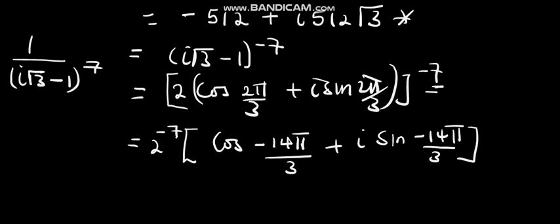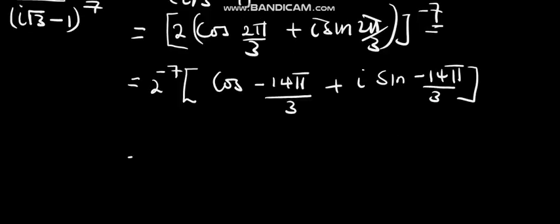Are we together? So this is the same as saying 2 to power negative 7. What is cos of negative 14π out of 3? The answer is negative 0.5. How about sin of negative 14π out of 3?